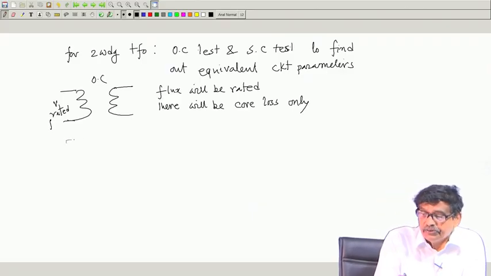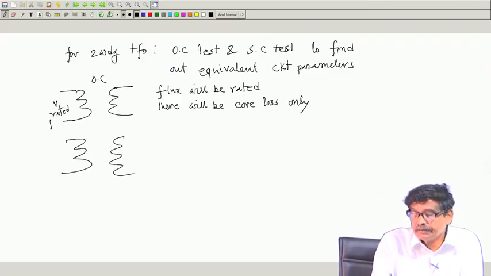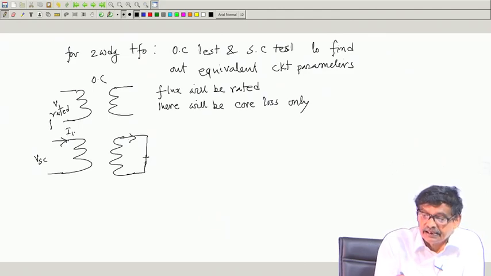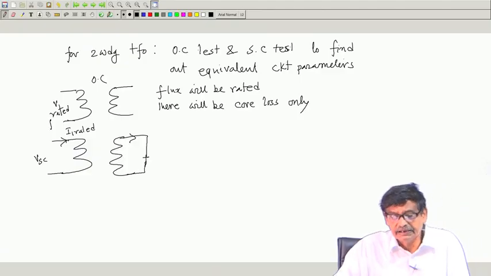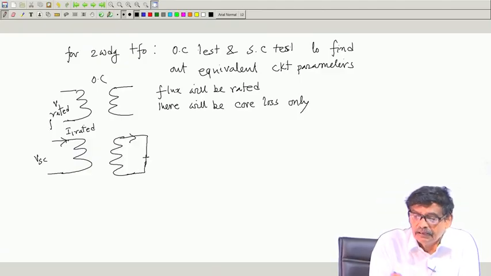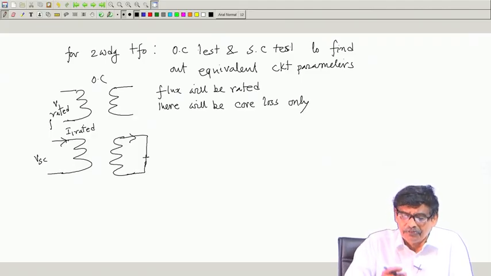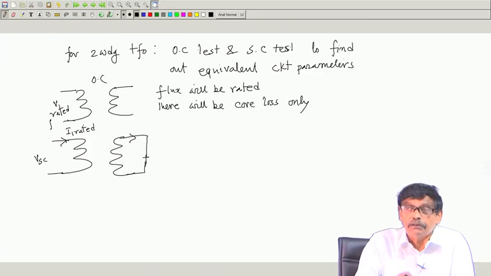On the other hand, during short circuit test, you keep the secondary shorted. Here you apply not rated voltage, such that rated current flows. Current is rated here, I 1 rated. Since applied voltage is pretty small and flux in the core is directly proportional to the applied voltage, flux will be very less, but current will be rated.